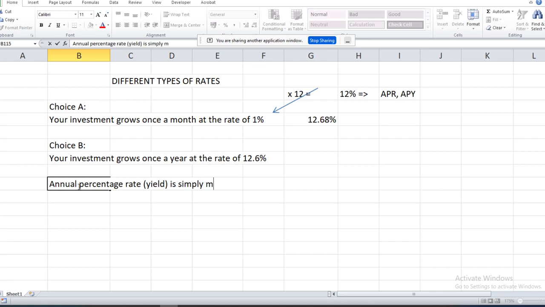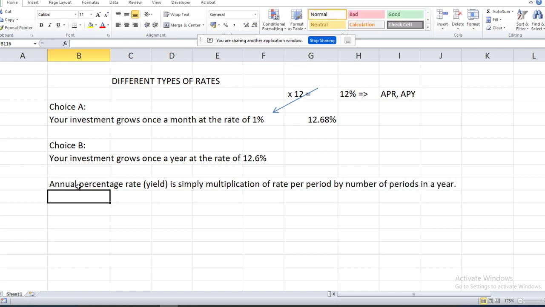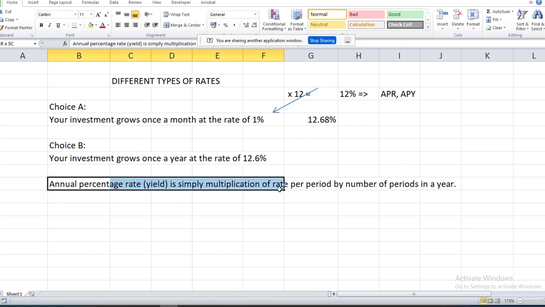It is simply the multiplication of the rate per period times the number of periods in a year. But it doesn't always show the actual return, the actual profit you're going to get from the investment.